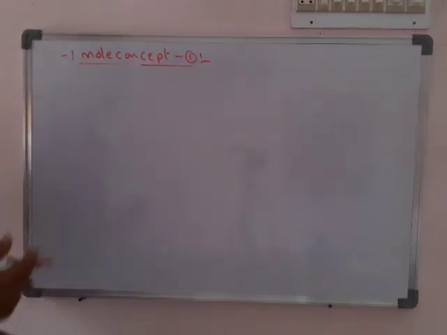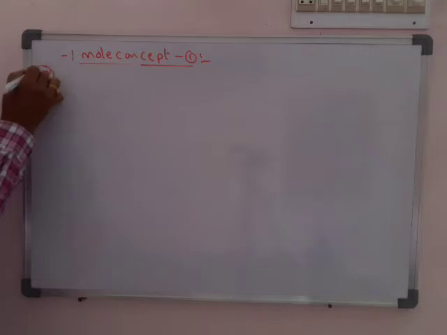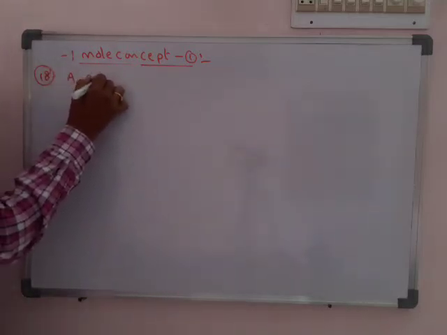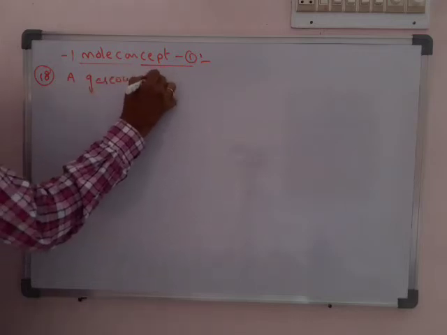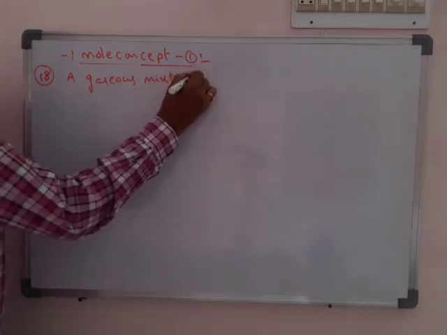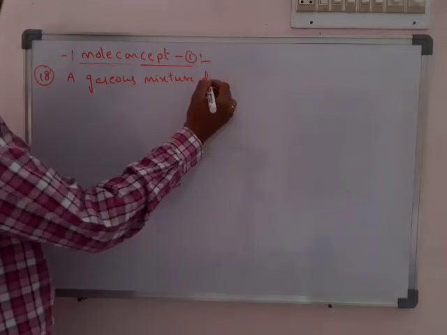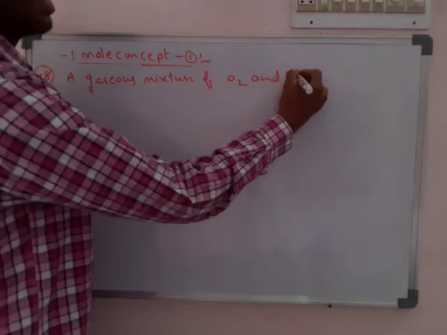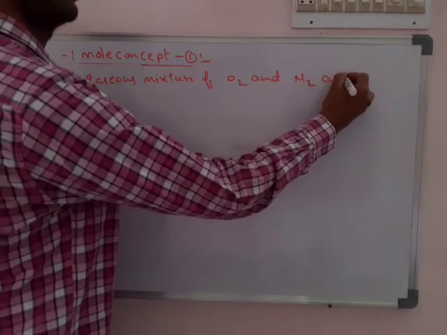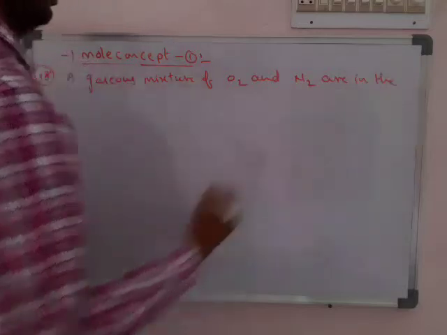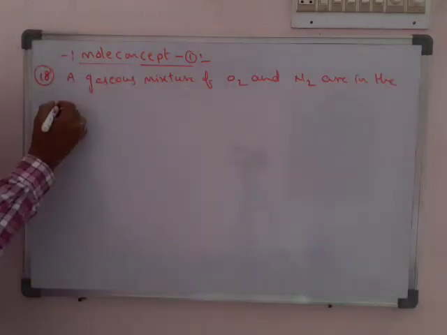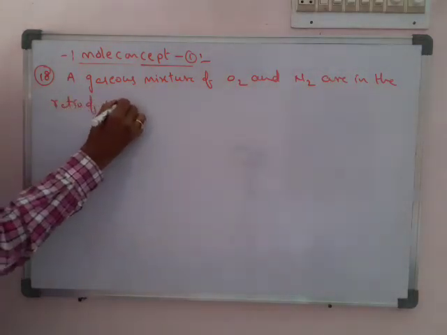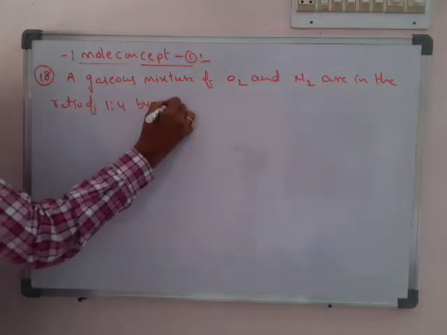Let's see one more. So a gaseous mixture of oxygen and nitrogen are in the ratio of 1:4 by weight.